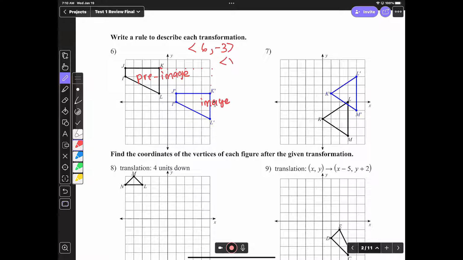You can also see it as x plus 6, y minus 3. So I'm going to let you do 7 on your own.